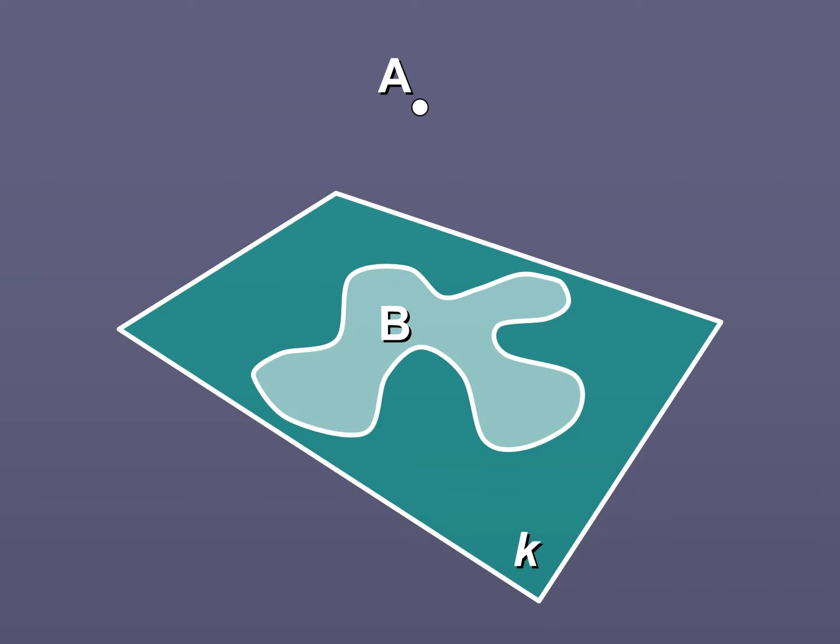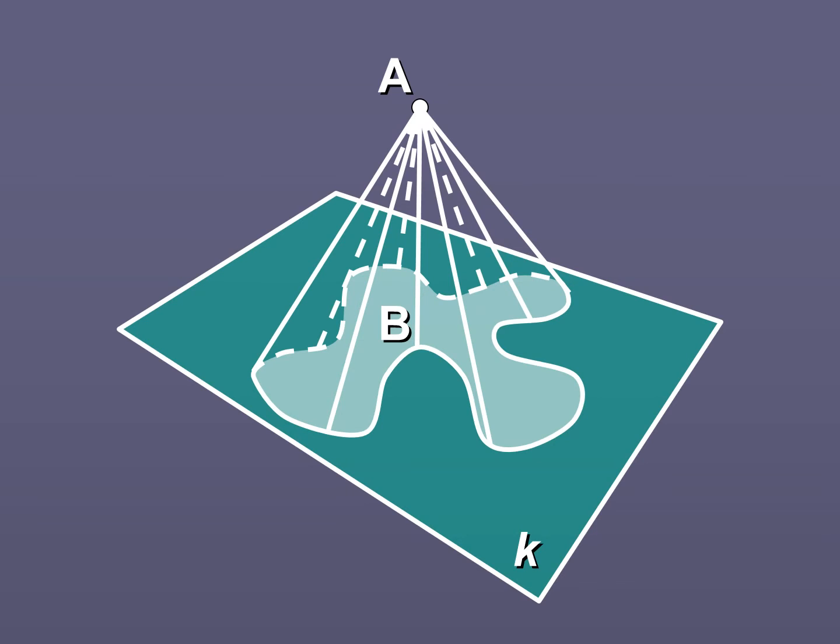For example, here we have plane K. On plane K, we have this region B. We're going to take the boundary of region B and connect it to this point that's not on plane K, point A. We connect every point on the boundary of region B to that point A, and then we get what's called a cone.